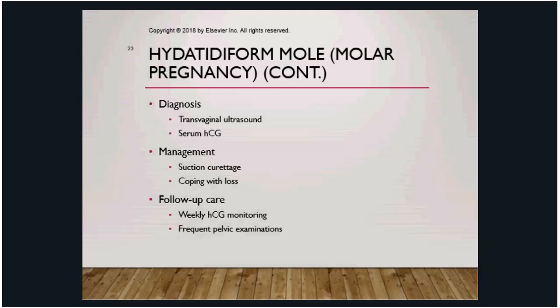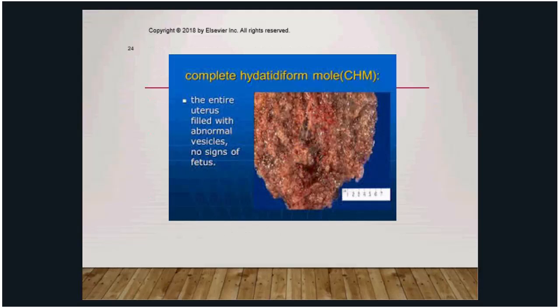Management could be suction curettage or coping with loss. Follow-up care, weekly hCG monitoring, and frequent pelvic examinations. The entire uterus is filled with abnormal vesicles, and there's no sign of a fetus. So this is a picture of what a molar pregnancy looks like.